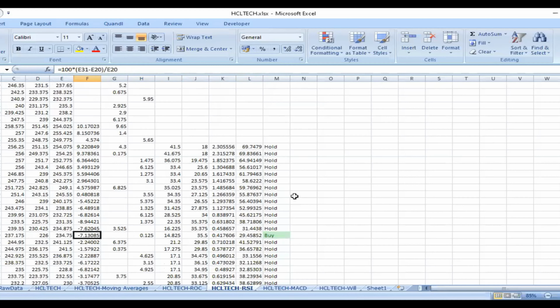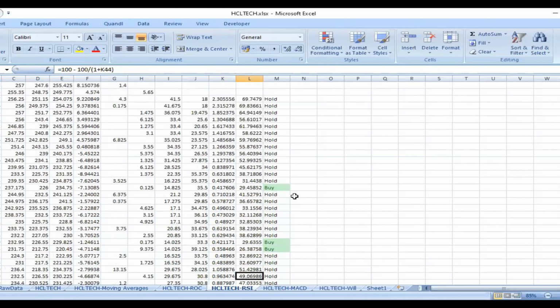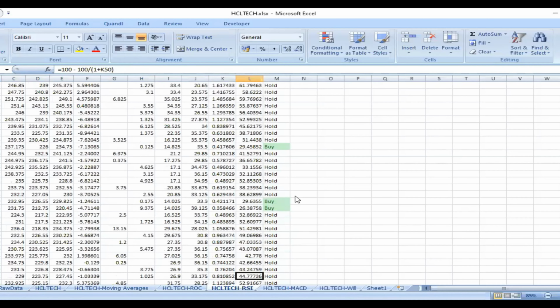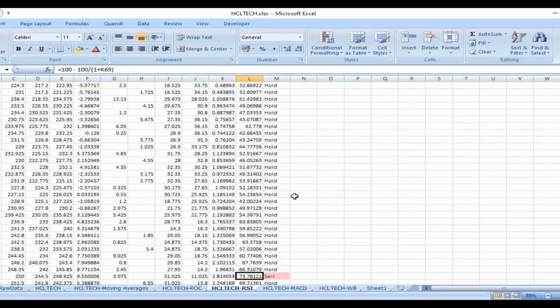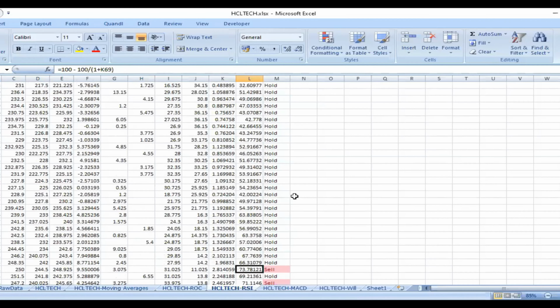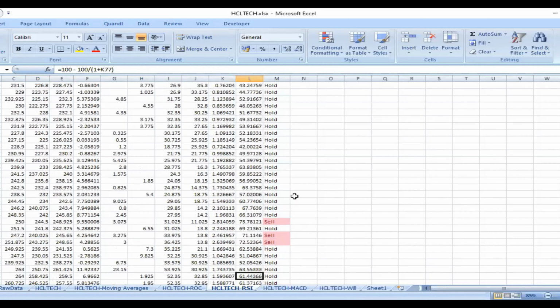What it meant was you should have bought it at a price of, let's say, 237 or so, and held it till it went to the overbought zone, which was around this sell price. The price going from 237 to 250 is what you would have gained.